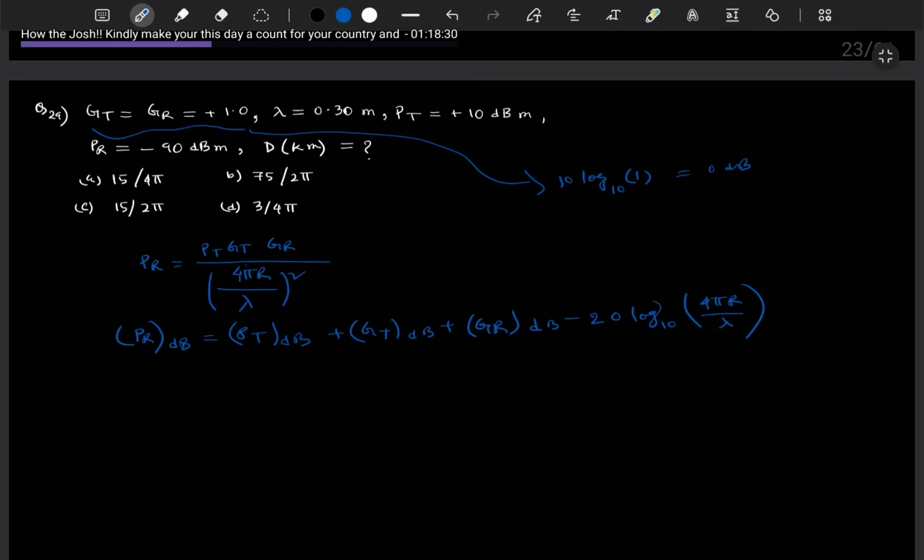Now one thing here: dBm equals 10 log base 10 of P by 1 milliwatt. So dBm to normal watt you can convert like this.